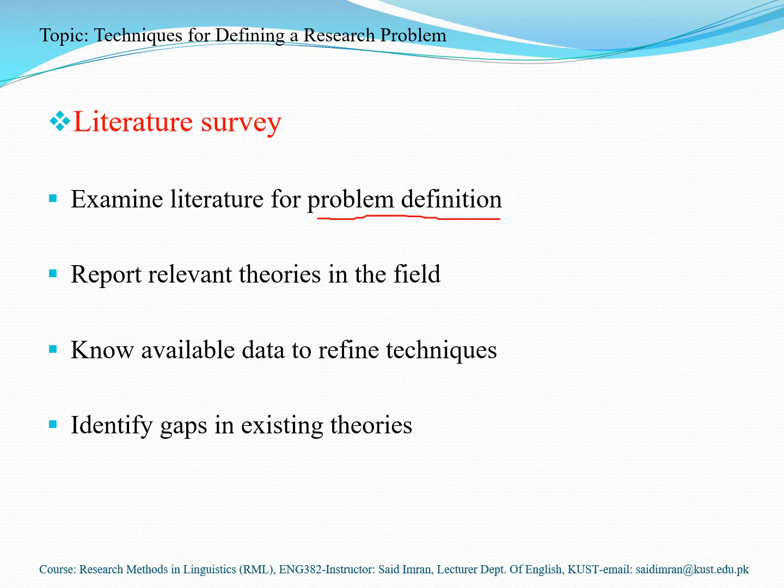We are supposed to report relevant theories in the field, and we are trying to understand what data is available in the literature, research data, that helps us to refine our techniques, and that in turn helps us to identify gaps in the existing theory.